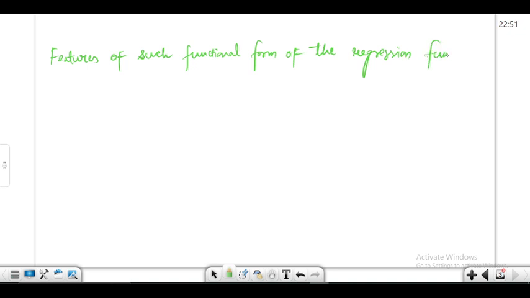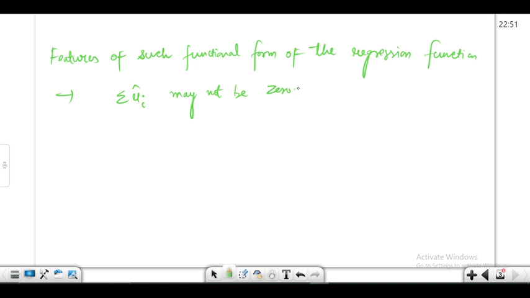Now, what are the features of such a functional form of the regression function? The first feature is that summation ui hat may not be 0.